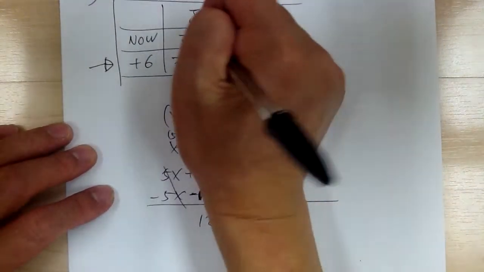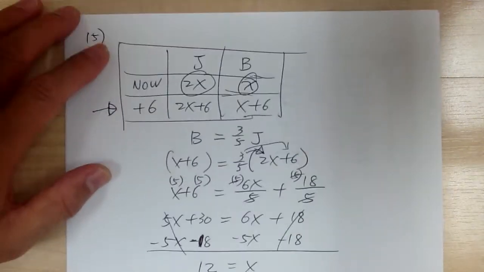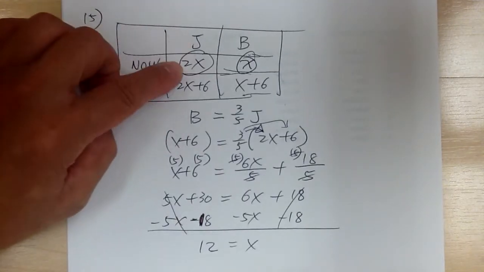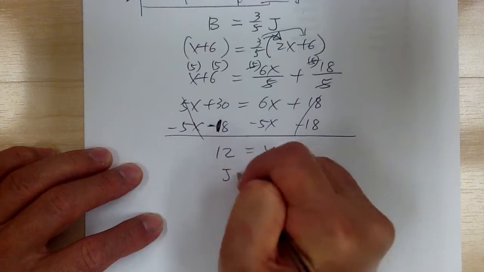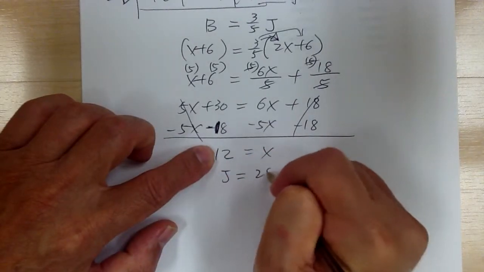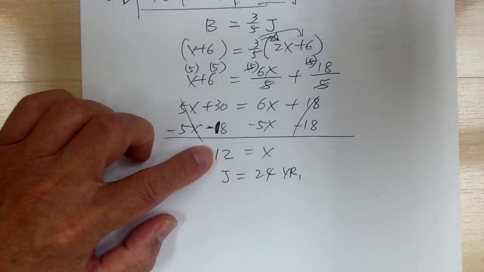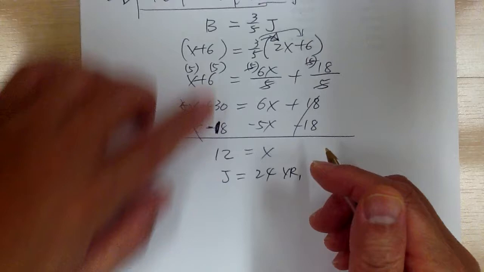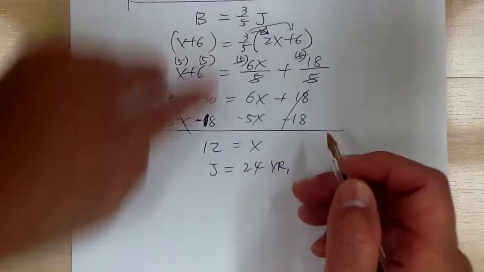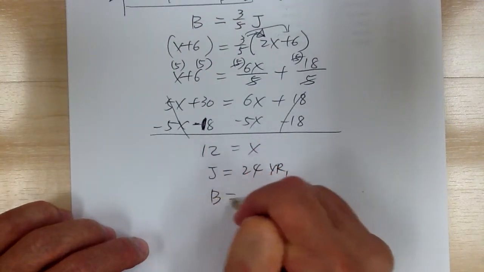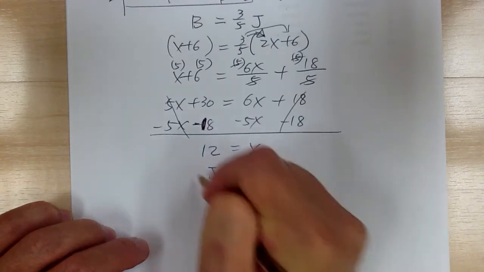That's what you're looking for. So Jill is 2x, so 2 times x will give you 24. And then Beth is x, so B equal to 12 years old.